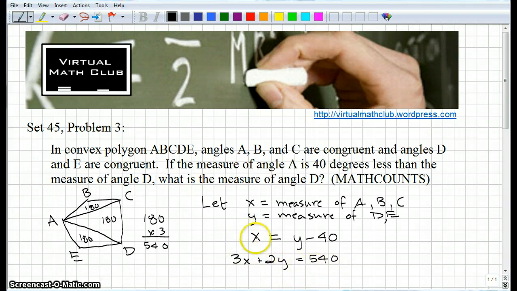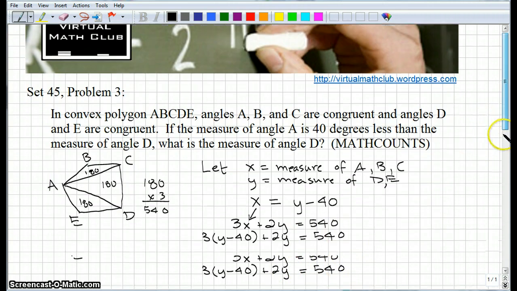So, we have x is equal to y minus 40, and then we have 3x plus 2y is equal to 540. Let's just make a substitution. We can substitute y minus 40 in for x. So 3 times y minus 40, plus 2y, is equal to 540.